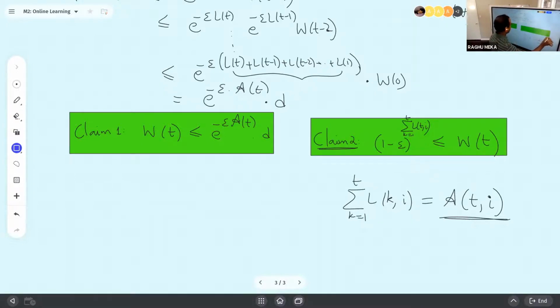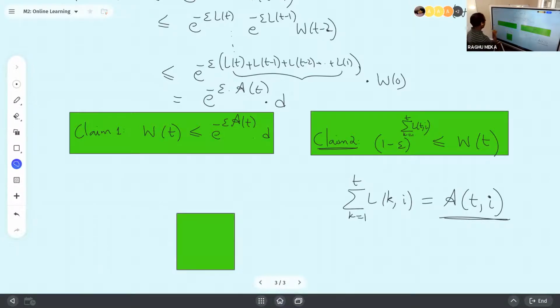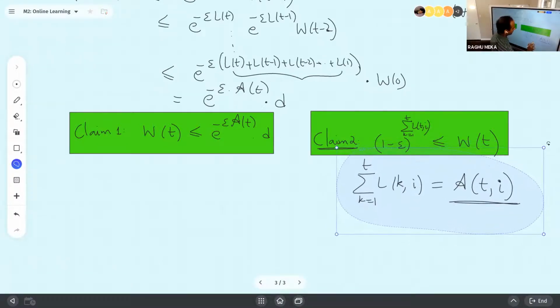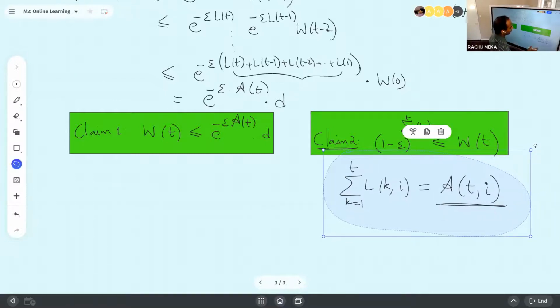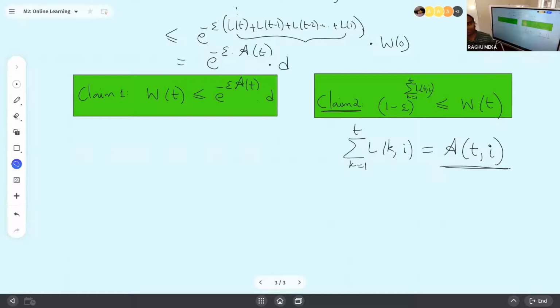Alright, so we have these two simple claims, very analogous to what we had for the multiplicative weighted majority algorithm. The analysis there was simple enough, and here it's following the same blueprint. Let's connect them together.